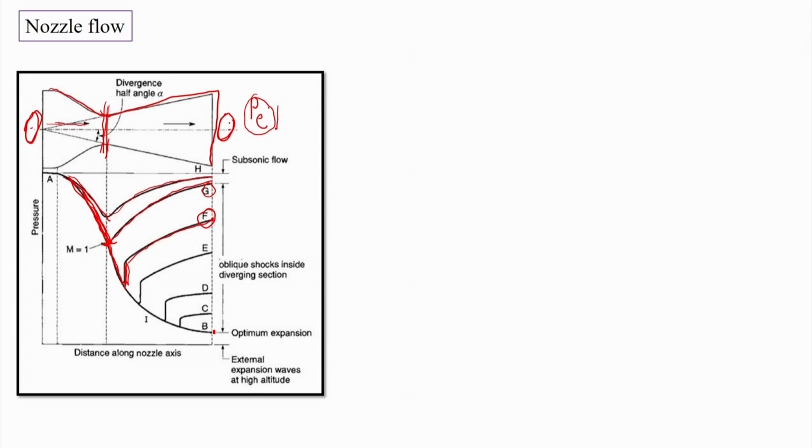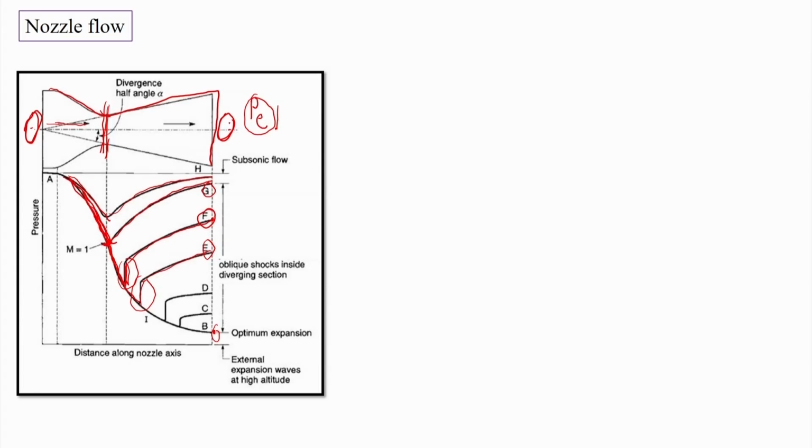If we still decrease the exit pressure to E, then the shock will appear a little later, but up to that point the divergent nozzle would continue to act as a nozzle. Then there will be a shock, the flow will be subsonic, and it will continue as a diffuser. This process continues till we have an exit pressure matching the isentropic expansion case.